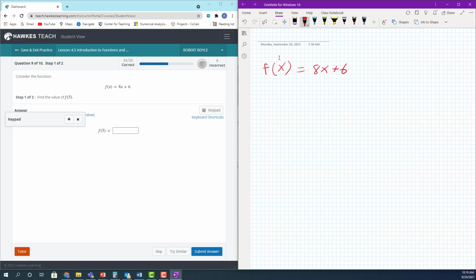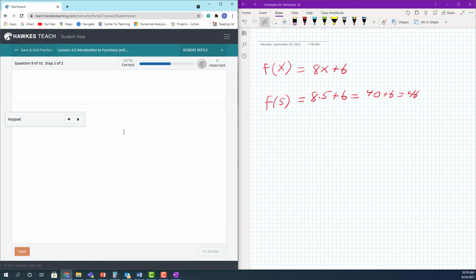And we want to compute f of 5. Once again, we replace the x with the 5. That'll be 8 times 5 plus 6. We always multiply first, so 8 times 5 is 40, plus 6, and this will be 46.